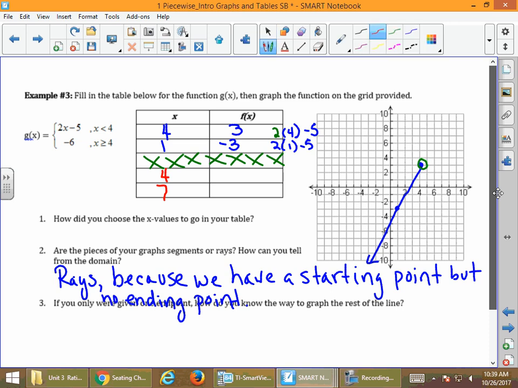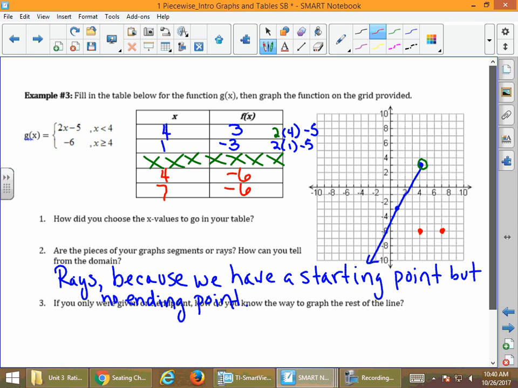But when we put 4 back into our second equation, we don't have an x. We're going to get negative 6. When we put 7 back into that equation, we're still going to get negative 6. When we come over here and graph 4, negative 6. 7, negative 6.